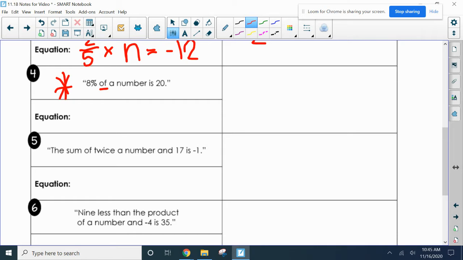So before I multiply this, because "of" means multiplication, we have to turn that percent into a decimal. To turn a percent into a decimal, we take the decimal and move it 1, 2 to the left. So 0.08 of a number is 20.